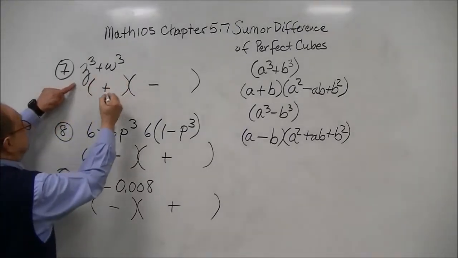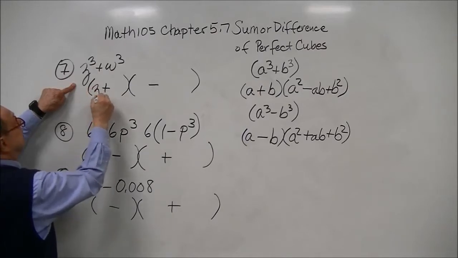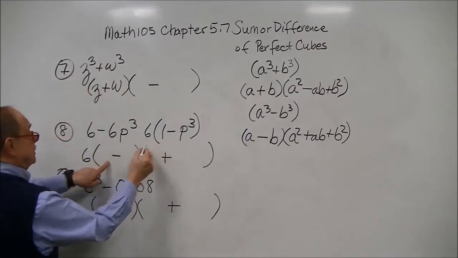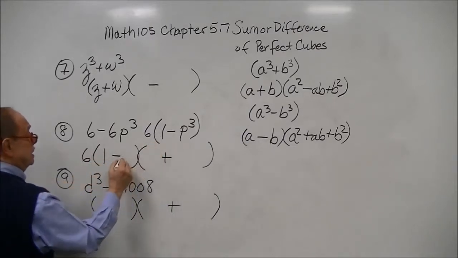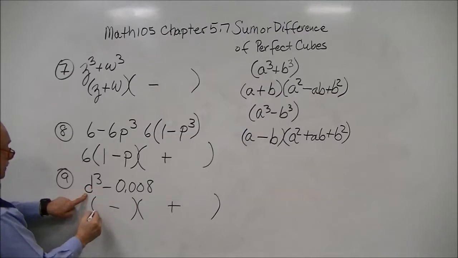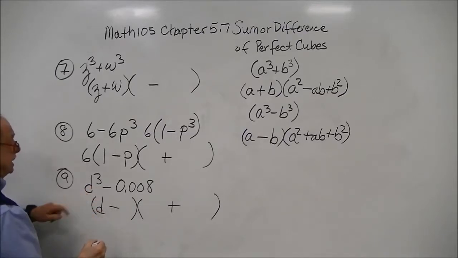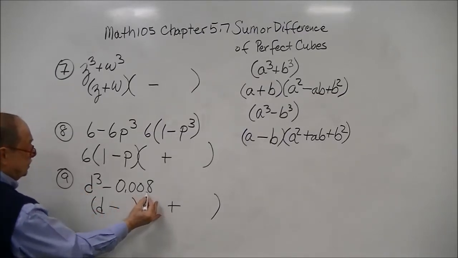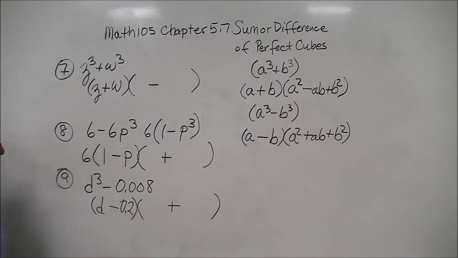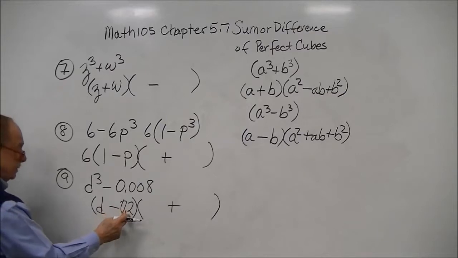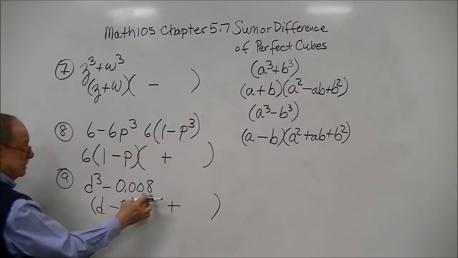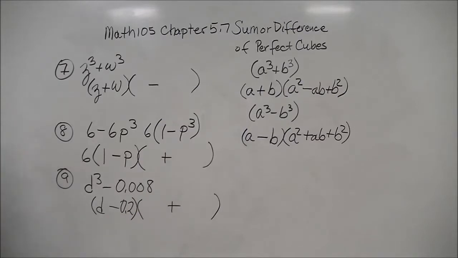So now the cube root of each term, and then the cube root of 1 is 1, p. Cube root of d to the 3rd is d, and the cube root of this is 0.2, because 2 times 2 times 2 is 8, and we need 3 decimal places, so that works.